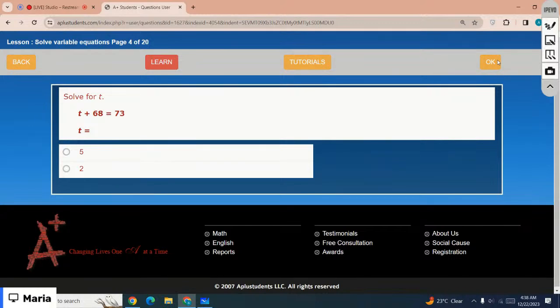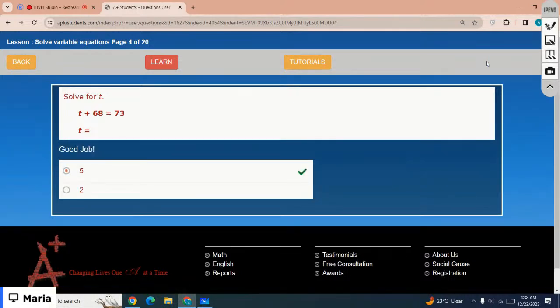Yes, the correct option is 73 minus 68, which is 5. The correct option is 5.